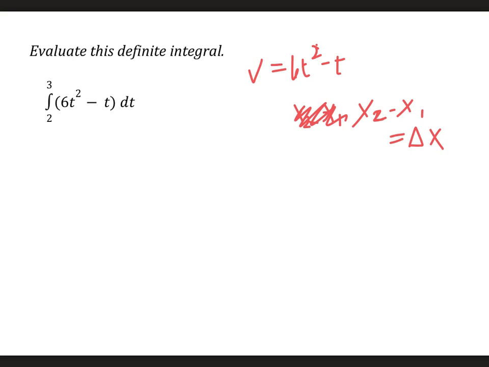Okay, so again, my general expression that I'm going to get here, I'm going to raise my exponent to 3 and then divide by that new exponent. This one doesn't have a coefficient in front, so it's just t to the second power divided by 2. So my general expression is 2t cubed minus t squared over 2.